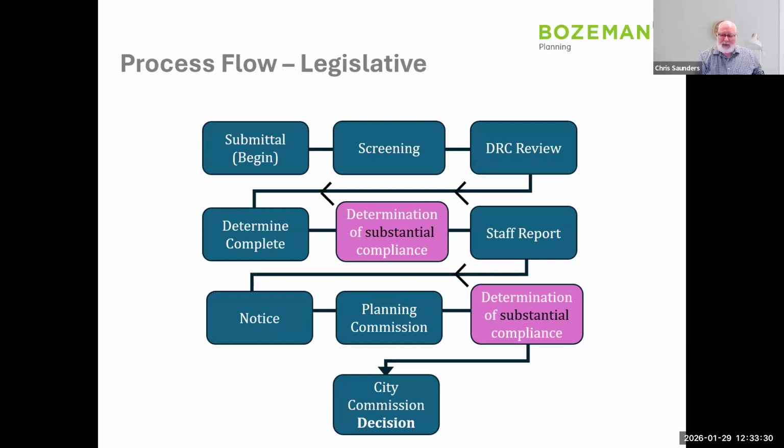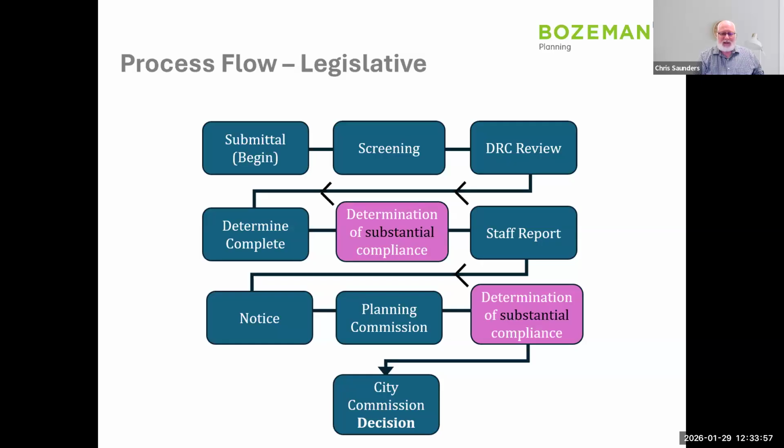But similar to the other pieces, if there's a determination that the submitted application is not in substantial compliance, it does cause a pause while additional information is gathered and made available for review. One thing that is different from a legislative process, whether that's the map or the text, is the city cannot establish a condition for a text or map revision.